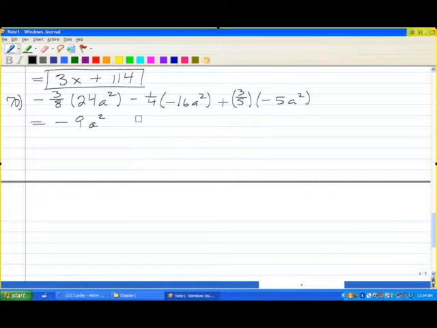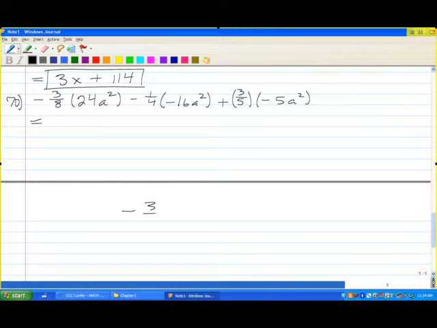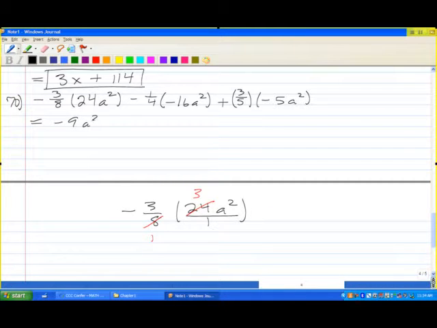So let's multiply -3/8 times 24a squared. I'll just write this as over 1. 24 divided by 8 is 3. -3 times 3a squared is -9a squared.